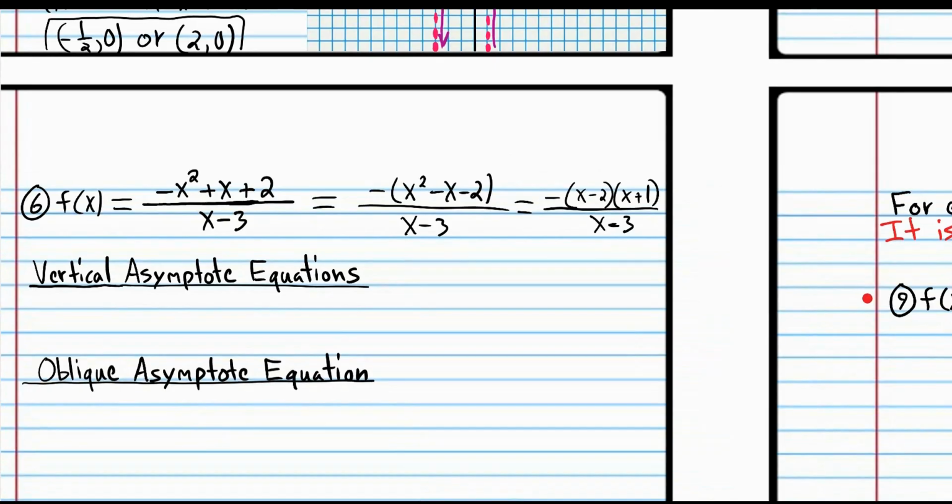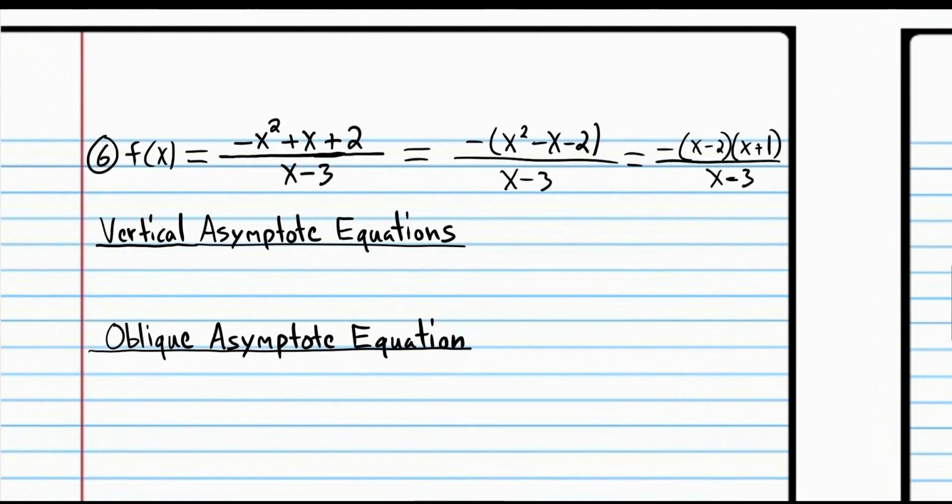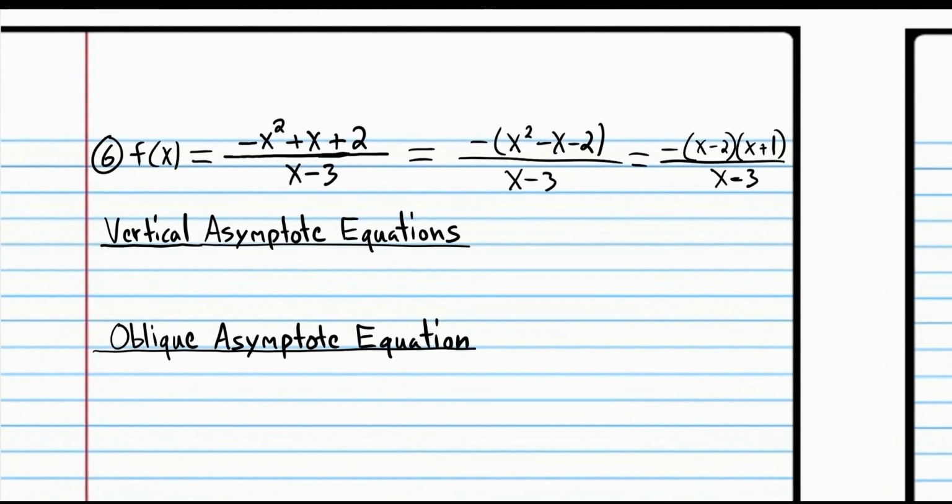And so the vertical asymptote equation is going to be x is equal to +3 because we don't have any factors that are canceling out.